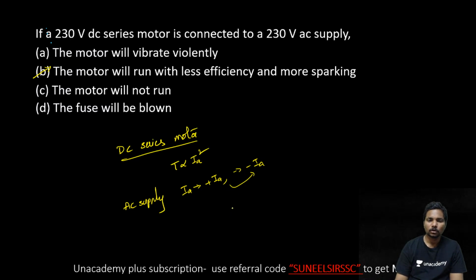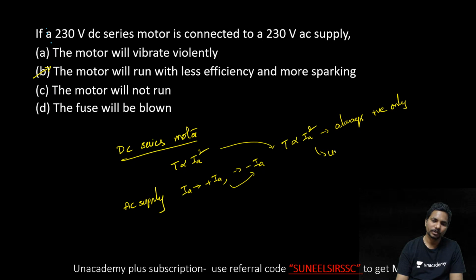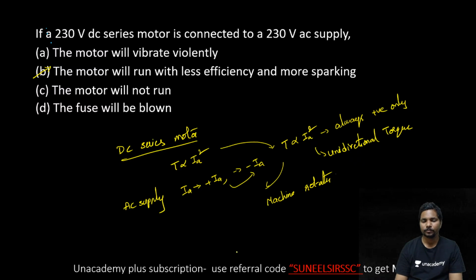Due to the square relation, torque is always proportional to Ia square only, always positive. Always positive means we will get unidirectional torque. If we have one directional torque, the machine rotates. There is no problem of the rotation.